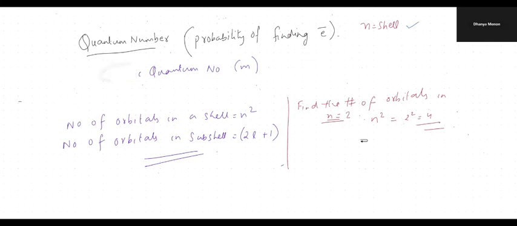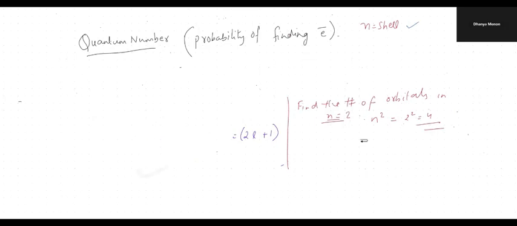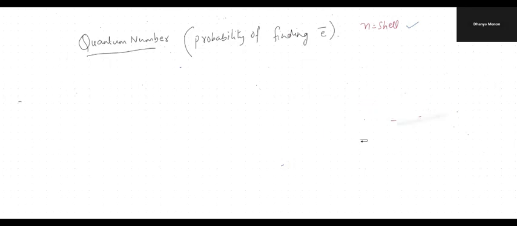Now students, the next one is the spin quantum number. The fourth one is the spin quantum number, which is represented by S. And this tells you about the spinning of electrons about its axis.